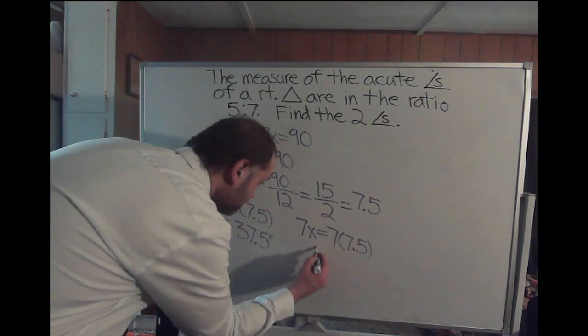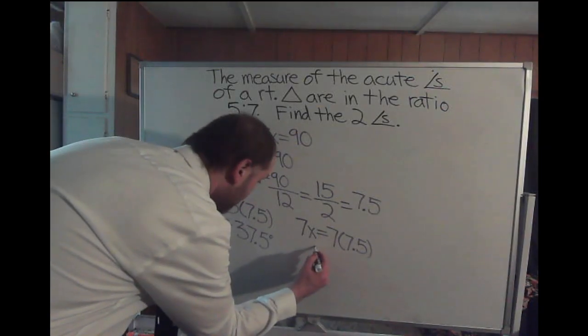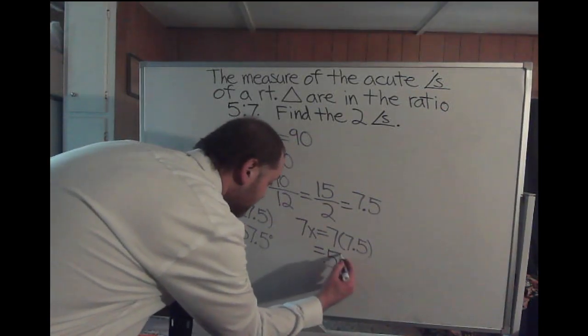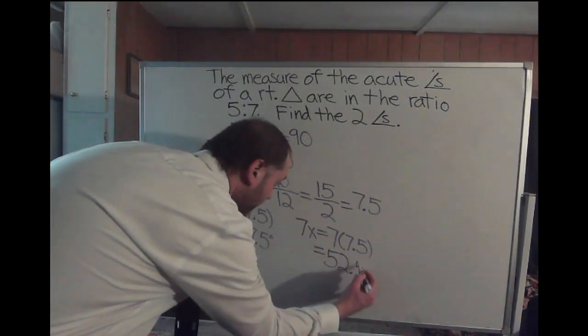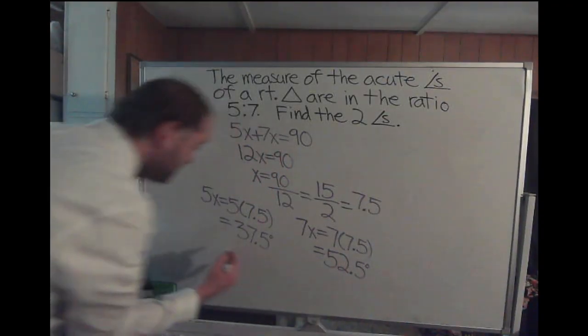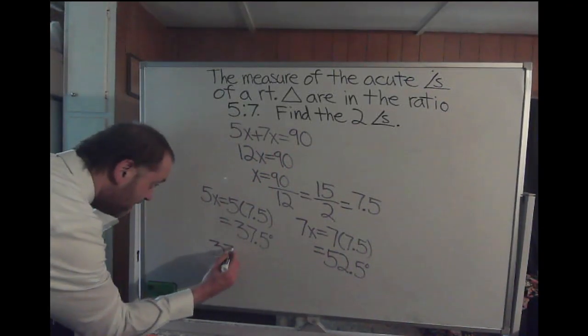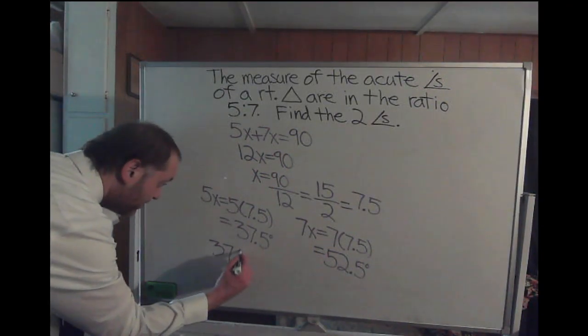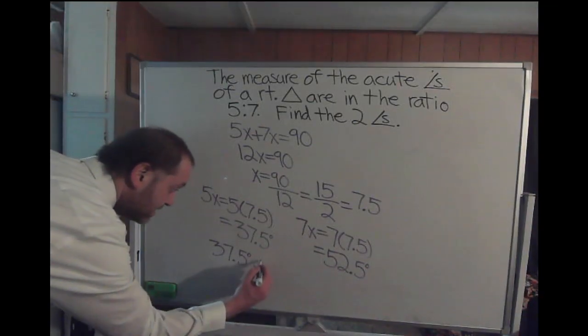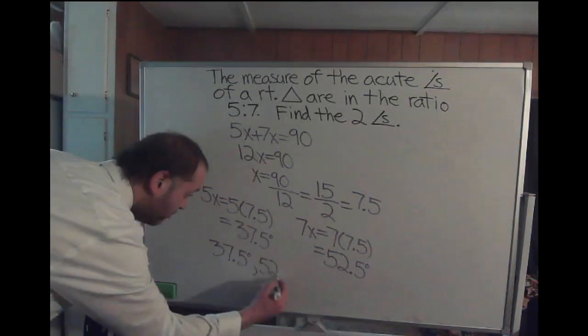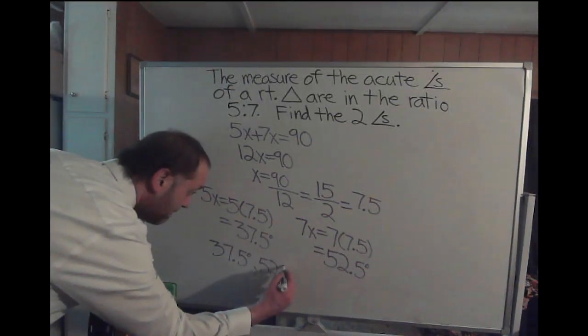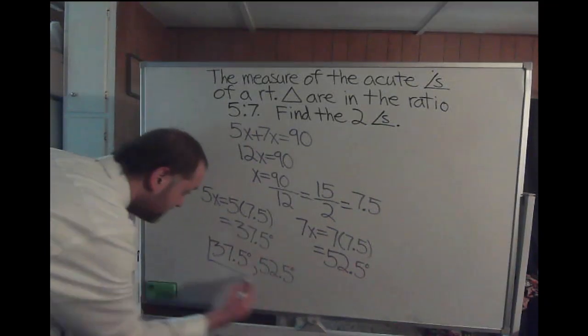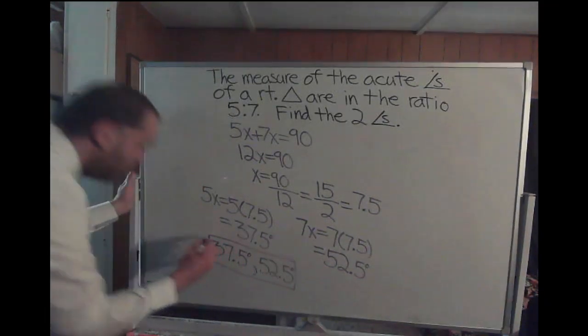So yeah, in this case you would end up getting 52.5 for your second angle. So the two angles you are looking for have measures of 37.5 degrees and 52.5 degrees. You will get decimal answers. That is perfectly normal.